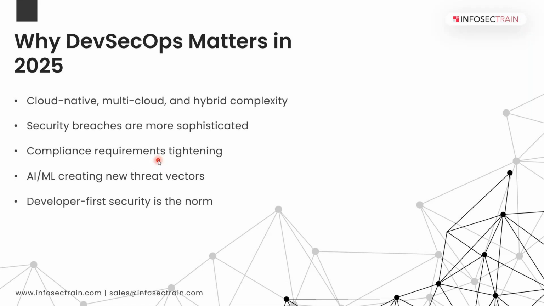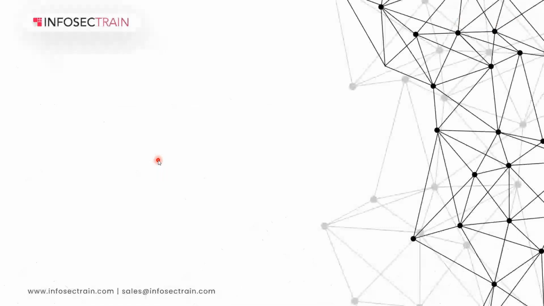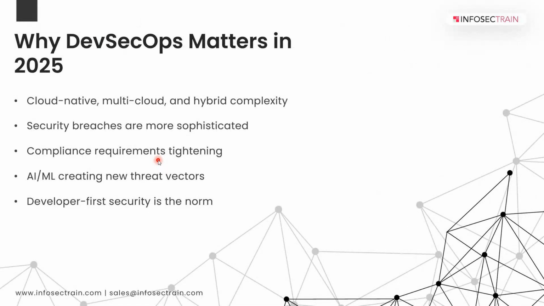And now we have entered into the era where developer-first security is the norm. So these are some of the main reasons why you have to take DevSecOps into your area.